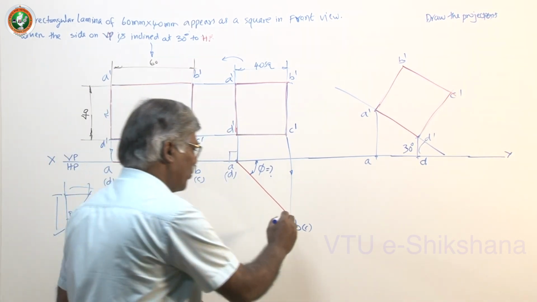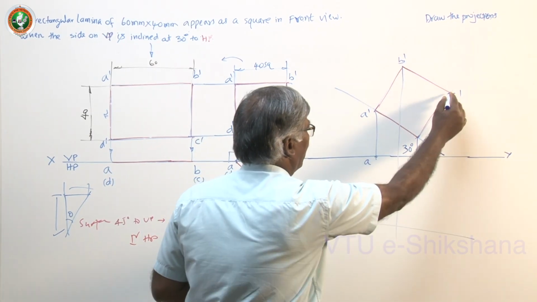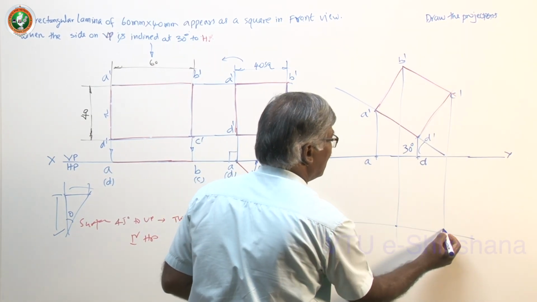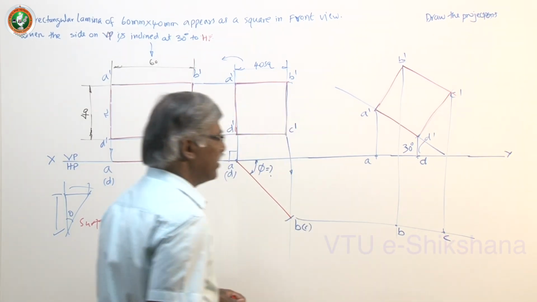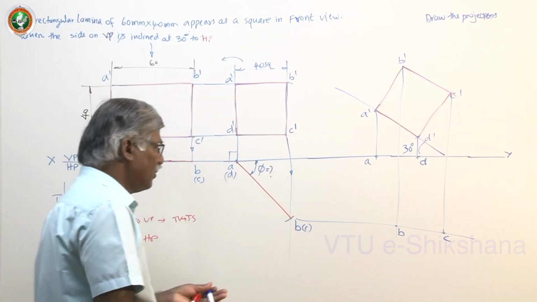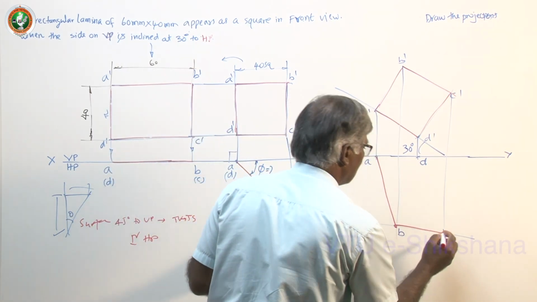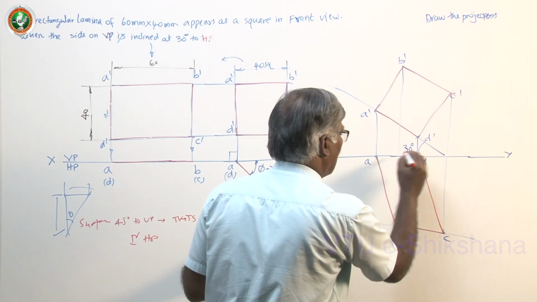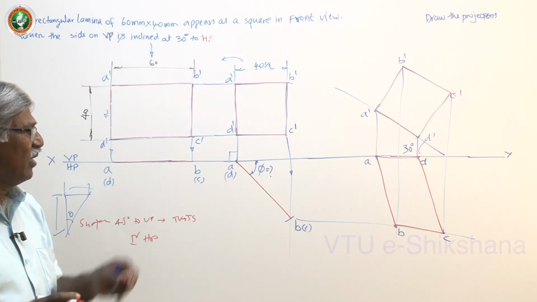The projections of the corresponding front view corners B and C give you the points B and C. Join in order AB, CD and AD. This is how you get the final top view.